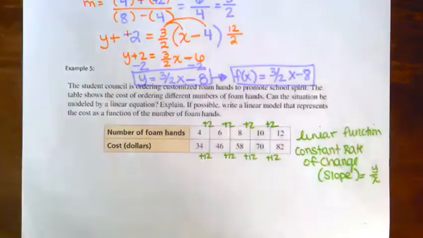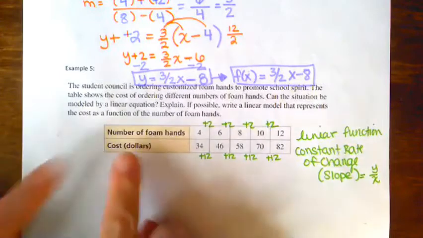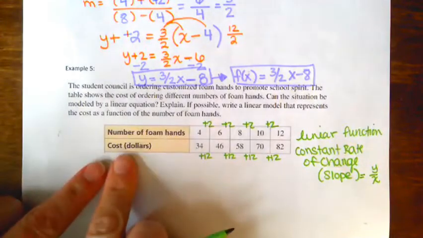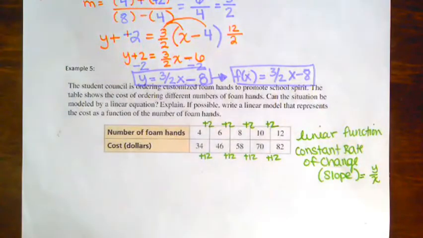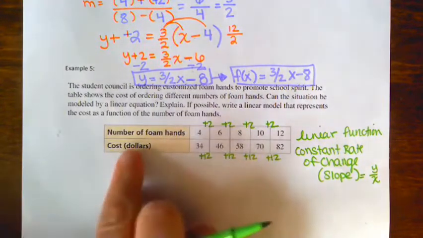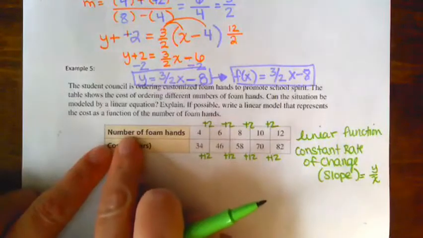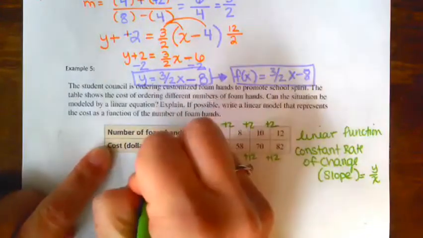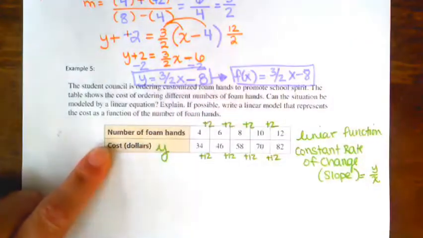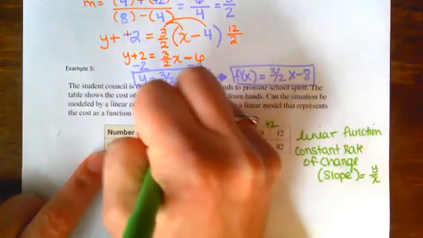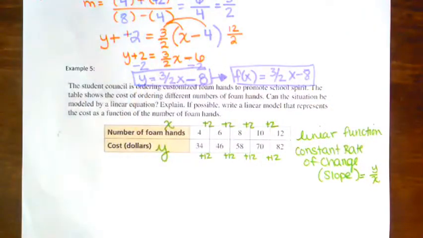We always take y2 minus y1 over x2 minus x1. So if I'm looking at these two, which one's my x and which one's my y? Which one's dependent on the other? The cost is dependent on number. Right, the cost is dependent on the number of hands. So my cost, since it's dependent, is my y, and the number of hands is my x, right?